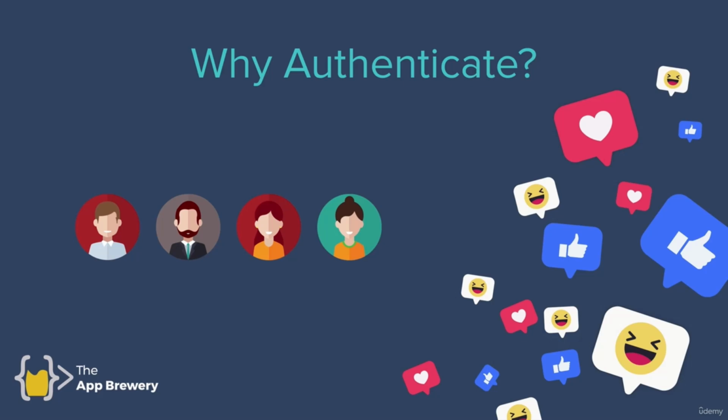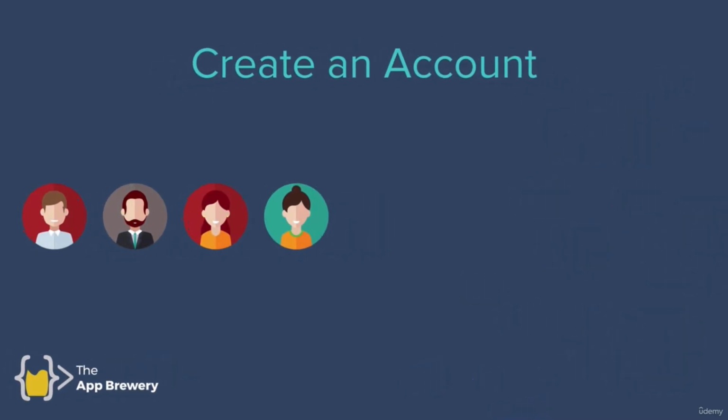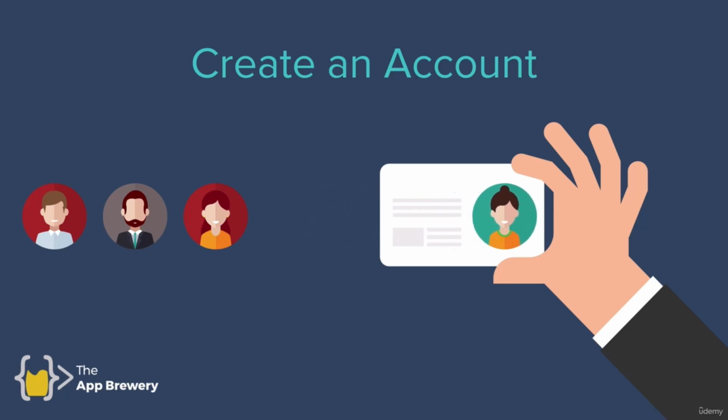And in order to associate those pieces of data with individual users, we need to create an account for each user. So they would sign up to our website using a username and a password, and we would essentially create kind of like an ID card for them to uniquely identify them on our database and to save all of the data that they generate onto that account.